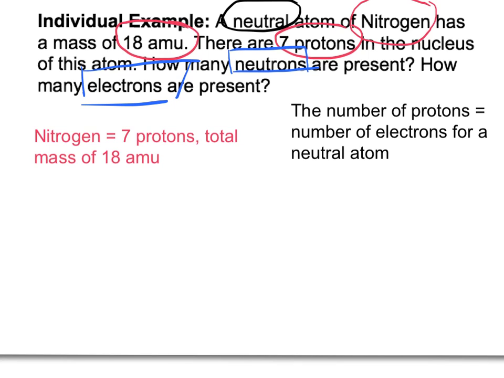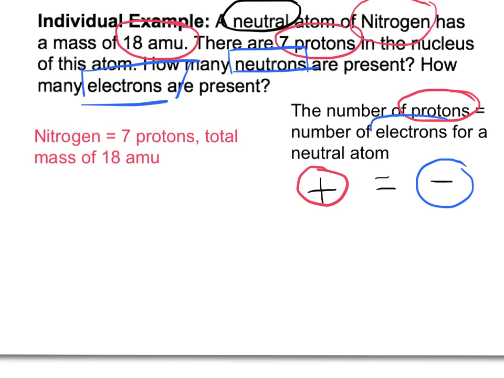Why is that? Because we need to make sure that all the pluses balance out the minuses. The pluses are the protons. The negatives are the electrons. So if they're balanced, then it must be neutral.